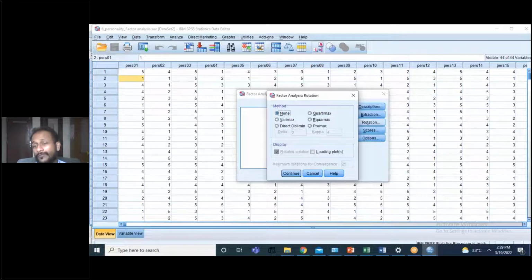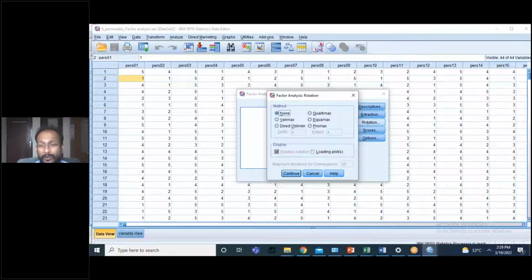Why do we have to go for rotation? You have to understand the logic. I have told you that factor analysis reduces the number of variables, from 50 to 4 or from 40 to 5. But during this process, you may come across instances where all the variables are loaded onto one or two factors alone.